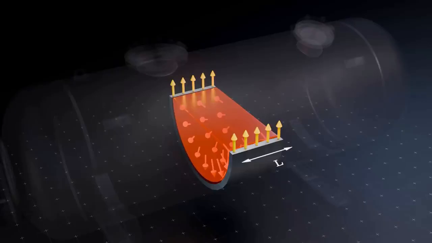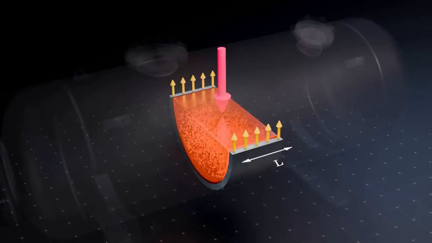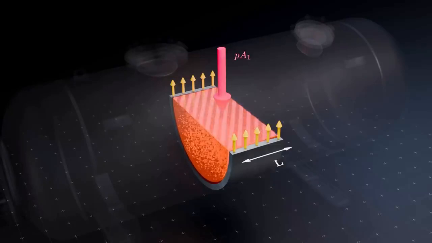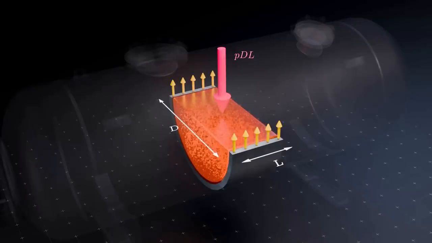the cylinder walls. The resultant of the internal pressure is a force with a magnitude equal to the pressure multiplied by the projected area over which the pressure acts. This area is the cylinder diameter, d, multiplied by the length, L. The resultant of the hoop stress is a force that has a magnitude equal to the hoop stress, multiplied by the area over which it acts.